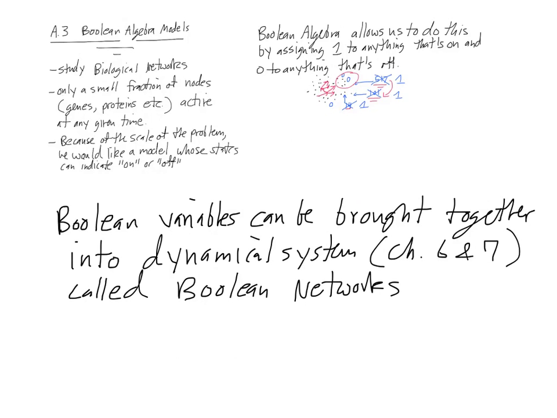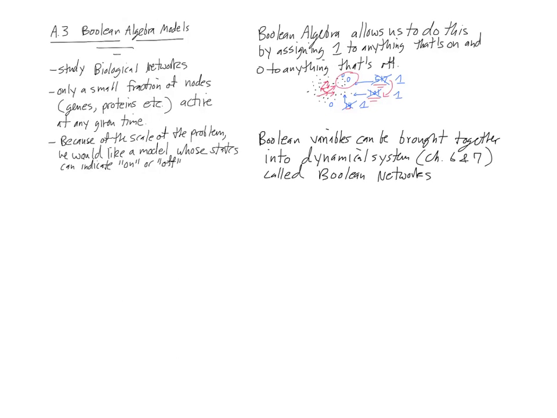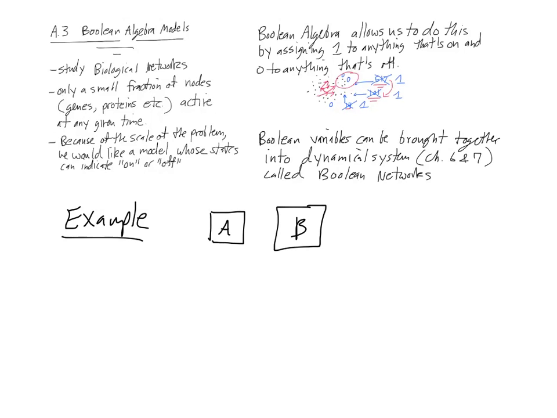Okay, so an example of a Boolean network would be, let's say we have 3 genes. One is A, one is B, and one is X. And let's say that 1 means an overexpressed gene, and 0 is underexpressed.